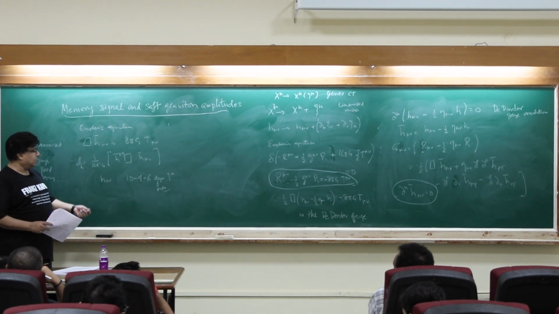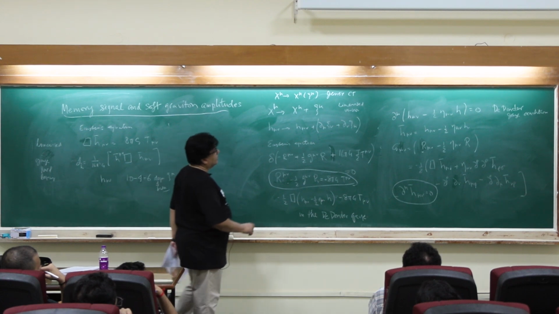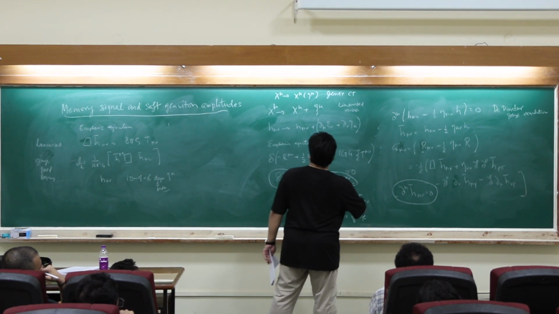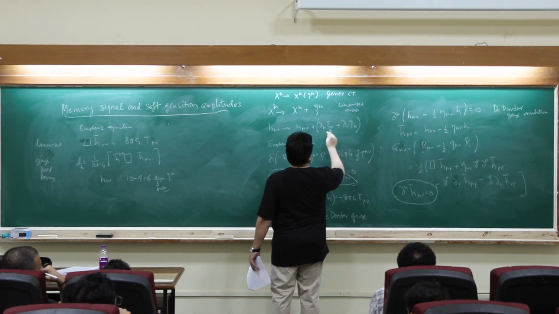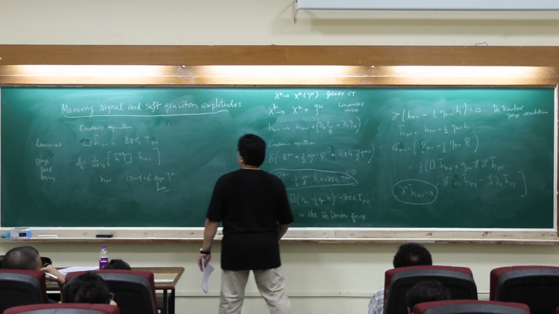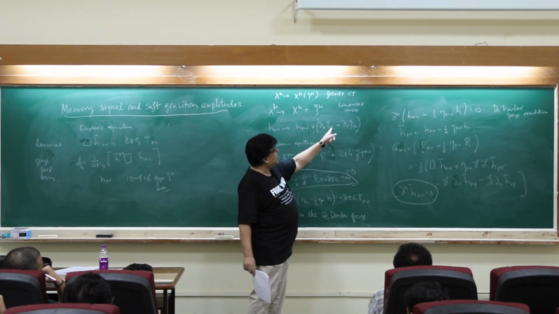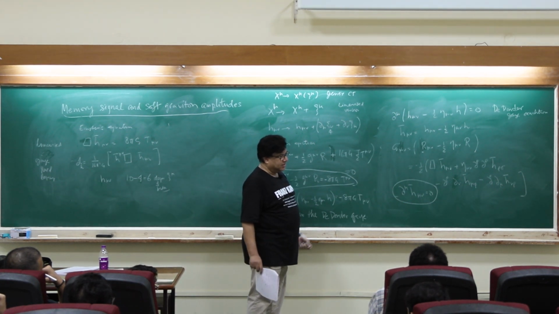So for instance, if you choose this function xi mu, okay, from h mu nu that takes care of 4 degrees of freedom by choosing this function with 4 components.